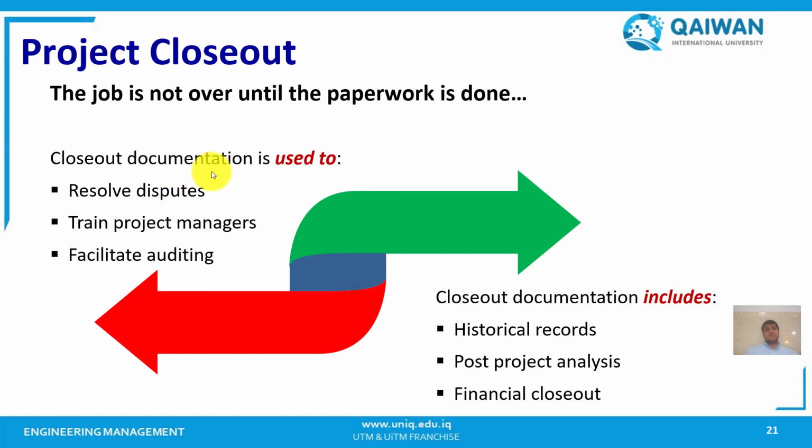Project closeout involves a series of tasks and processes aimed at ensuring that all project objectives have been met, deliverables have been produced, and project closure is properly executed.